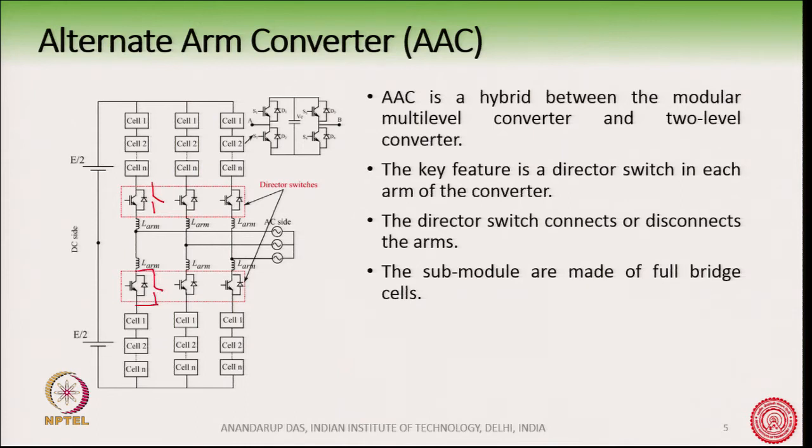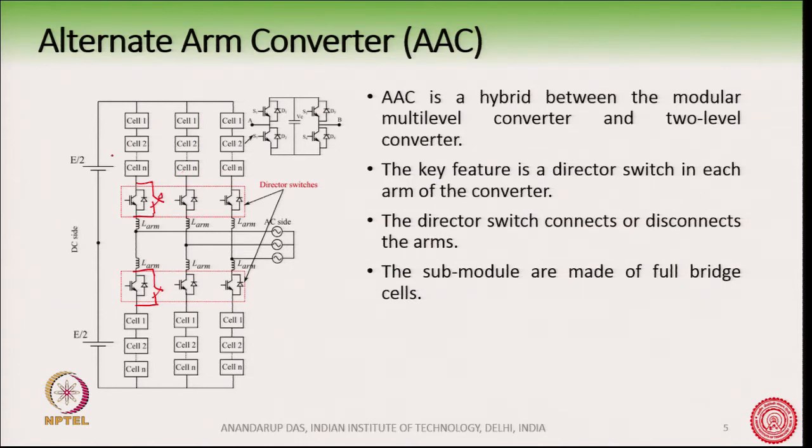Okay. This is a switch here. So, during the positive half of the AC waveform, we will use this upper director switch and we will open this switch here. In the negative half of the AC waveform, we will use this director switch and will open this one.